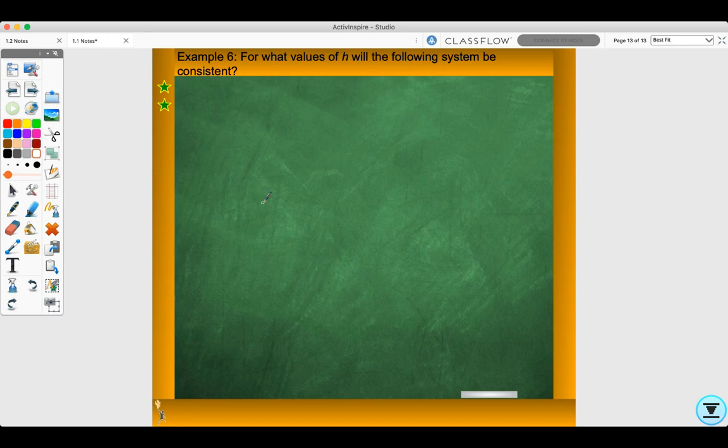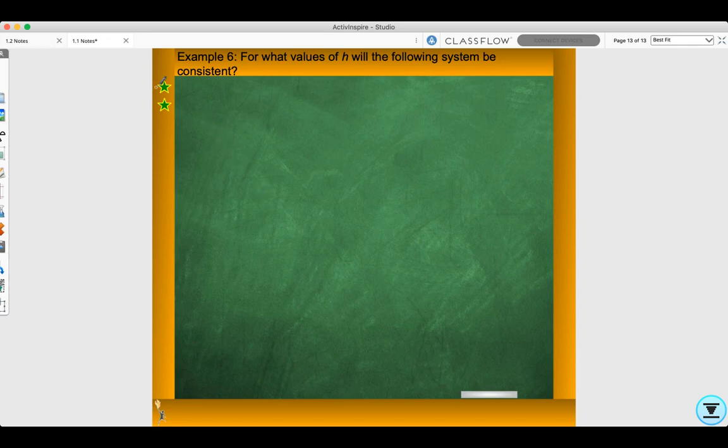And then example 6. For what values of h will the following system be consistent? 3x1 minus 9x2 equals 4, and negative 2x1 plus 6x2 equals h. There's many ways that we can do this problem and all the other problems I did, just as long as you get to the same solution, it's fine. So what I'm going to do is set up my augmented matrix.